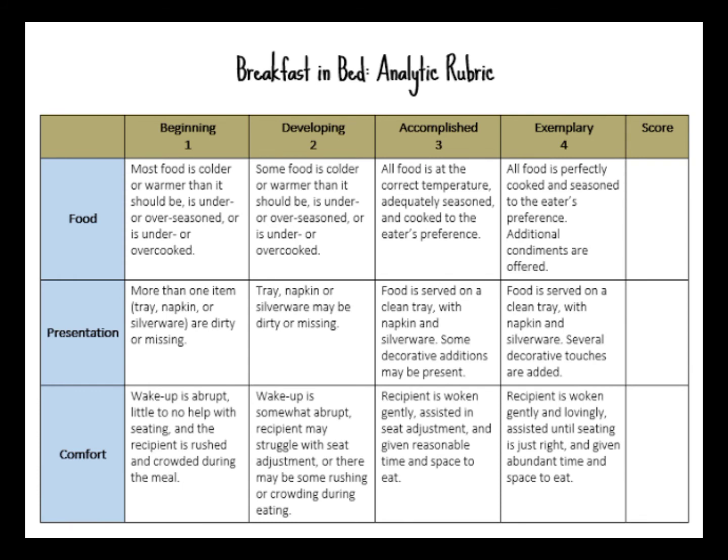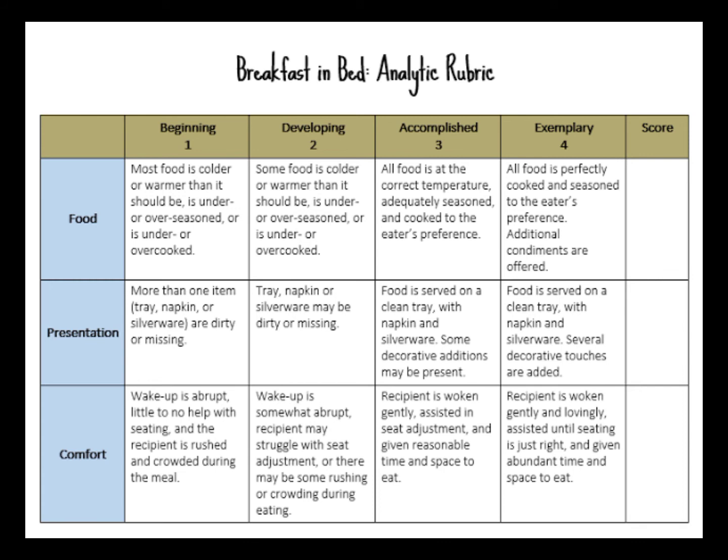So here's an example of an analytic rubric, breakfast in bed. For food, in beginning or 1, most food is colder or warmer than it should be, is under or over seasoned, or is under or overcooked.